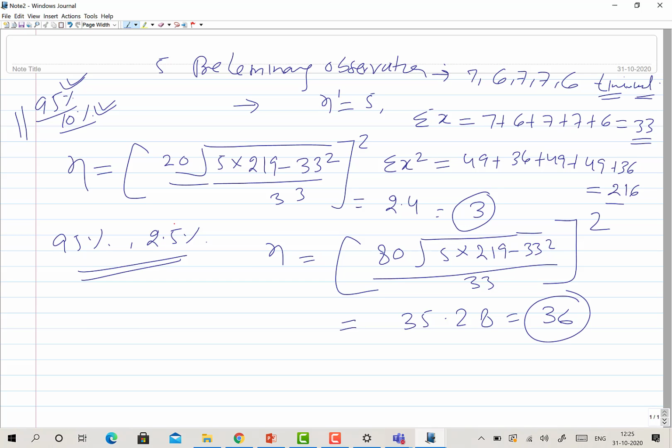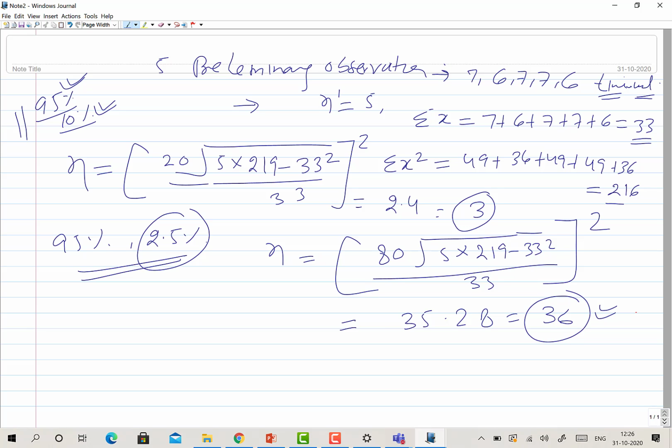So if you want more precision for the same confidence level, the number of observations to be taken increases significantly. But this method is not considered very popular because it is difficult for the workers to understand, and the workers are the ones who will be affected by any time standard. Okay, so this was about determining the number of observations to be taken for conducting the time study for a given job or element.